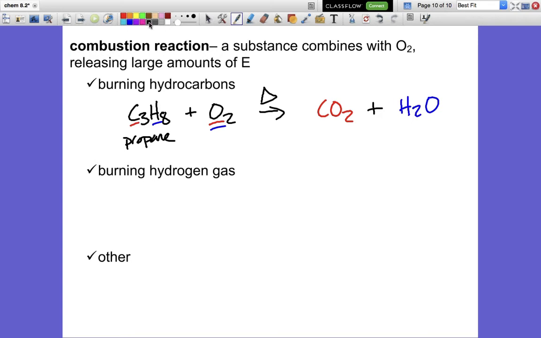So I'm going to go through, and I have 3 carbons, 8 hydrogens. I would suggest if you're doing this kind of reaction, if you have a hydrocarbon, always do the water first. I'm going to show you why, right? Because since I have 8 hydrogens there, I should need 4 waters on the right.